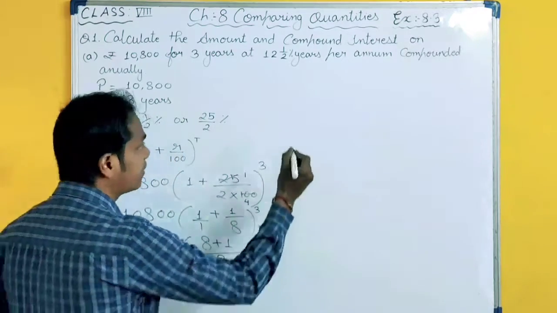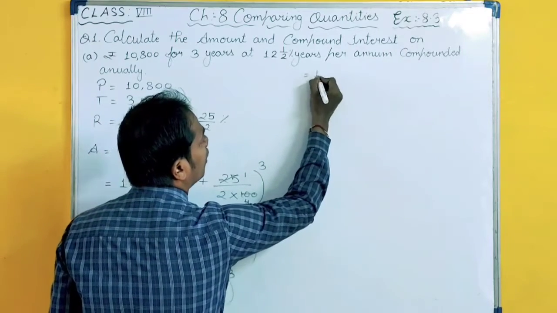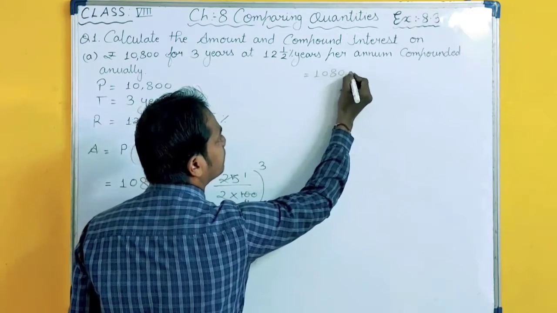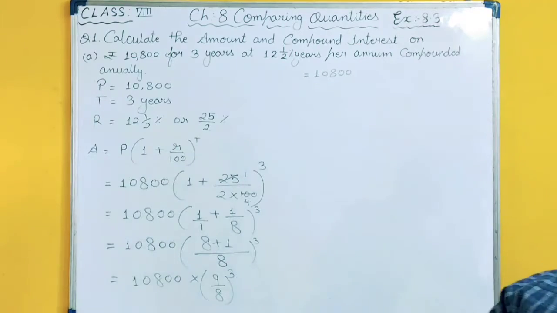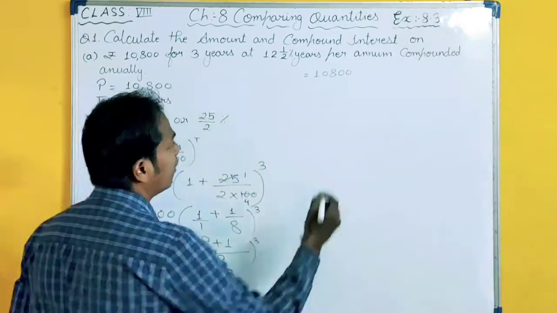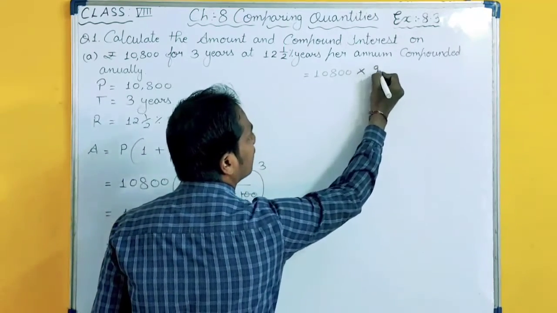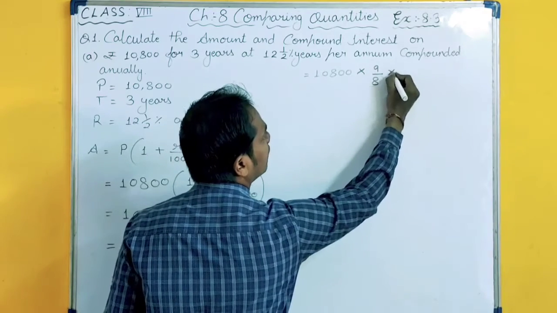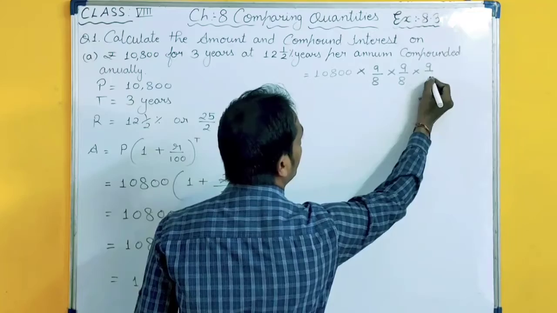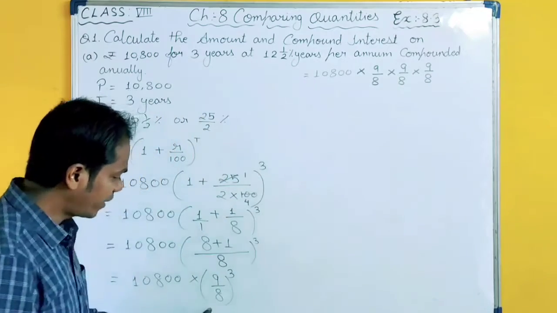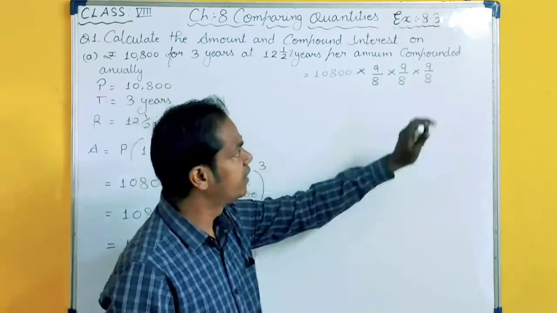Next step I am solving here. 10,800 multiplied by 9 upon 8 into 9 upon 8 into 9 upon 8. Why 3 times? Because the whole power is 3.